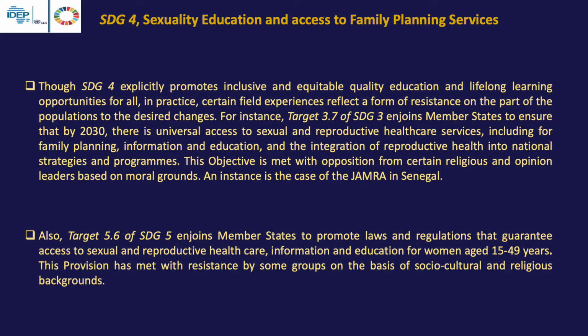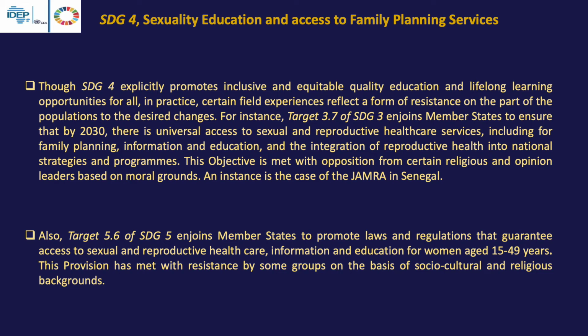For instance, when it comes to sexuality education, Target 3.7 of the SDG enjoins member states to ensure that by 2030 there is universal access to sexual and reproductive health care services, including for family planning, information and education, and integration of reproductive health into national strategies and programs. This objective has met with different oppositions.